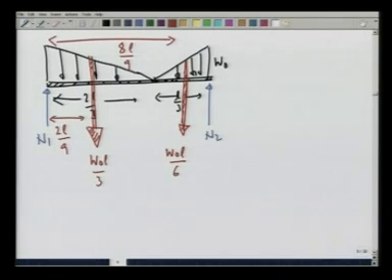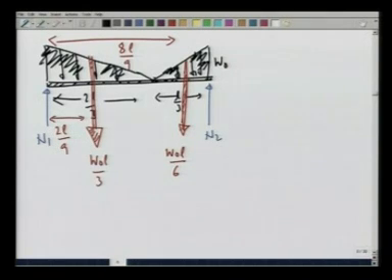So, I can forget about these triangles now and instead focus on these forces and do my calculations as we have been doing in the first few lectures of this course. A beam is loaded with these two forces, and these are two reactions.